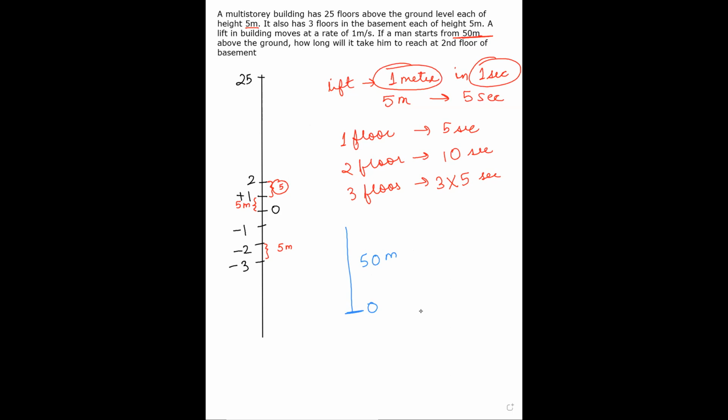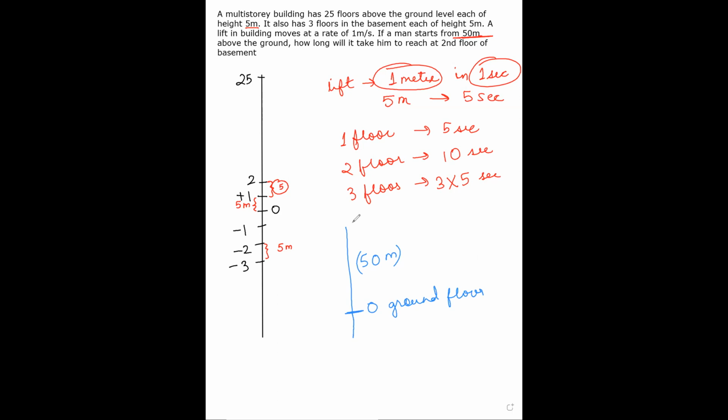So let's first see what we are going to discuss here. First, he is 50 meters above the ground. So we will first see how much time it will take him to reach the ground floor. 50 multiplied by 5, that is 250.